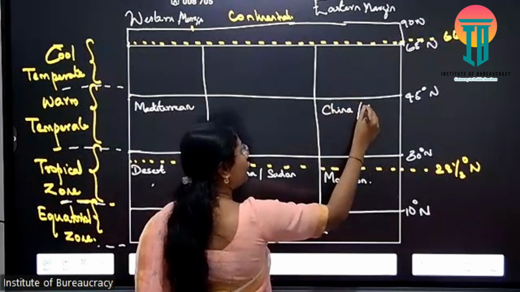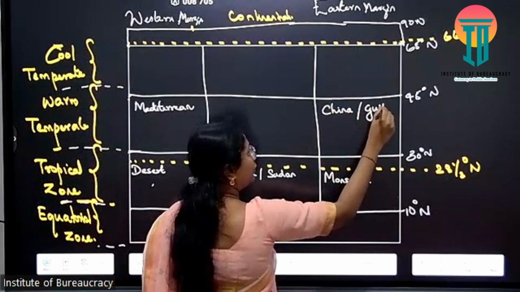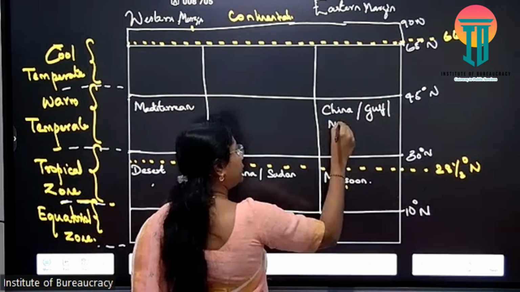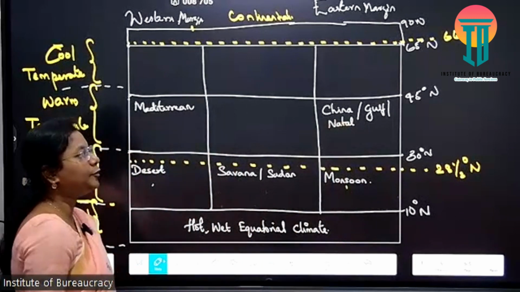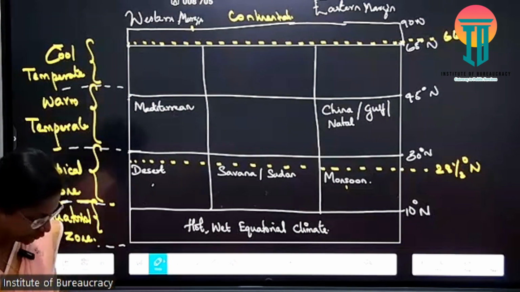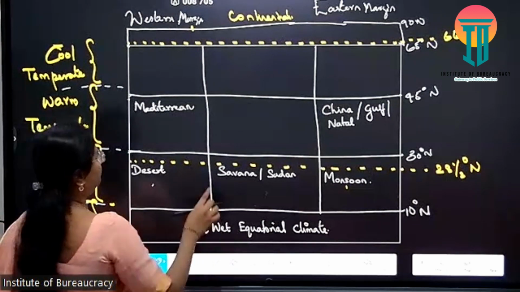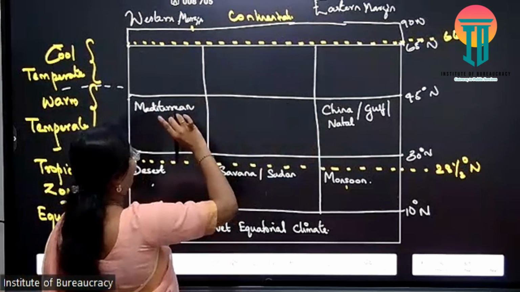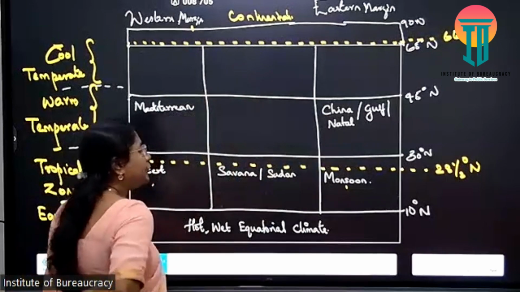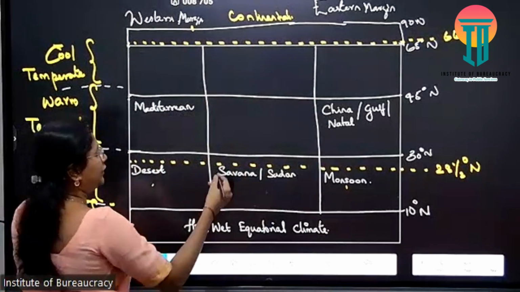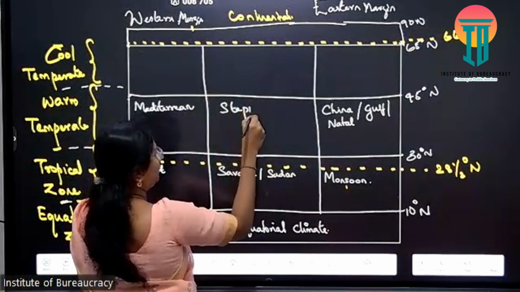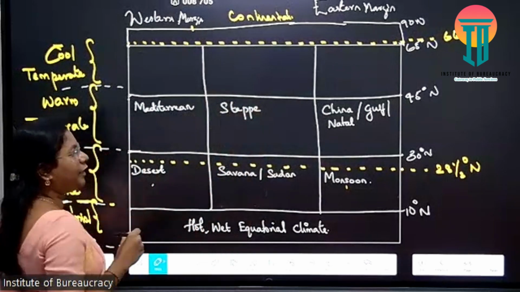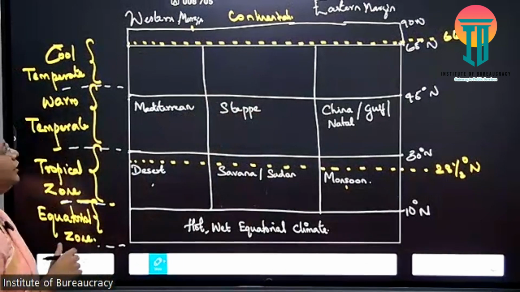China type is also known as Gulf type or Natal type. And lying between both Mediterranean and China type is the steppe type of climate. Right?